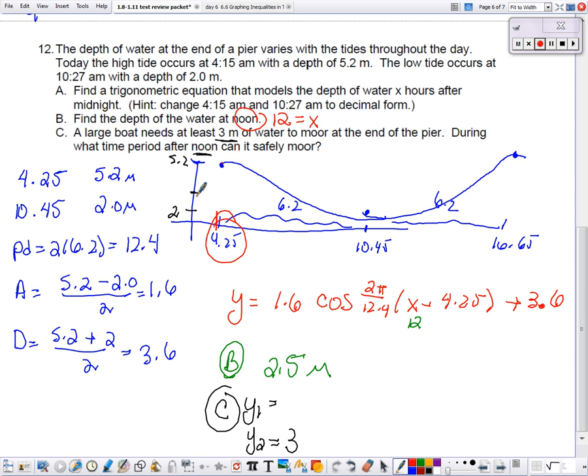So let's say 3 is about here. This line, if I find where my graph intersects here and intersects over here, I'll know that that's when the water is above 3 meters. So using the calculator, this point is going to be around 12 point, almost 13.